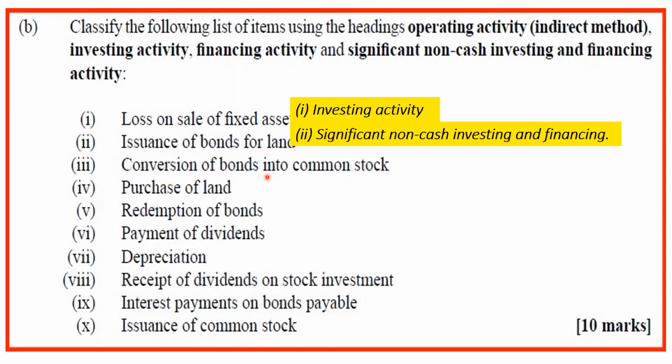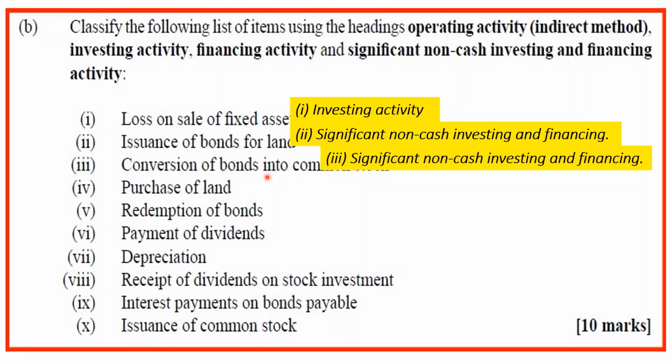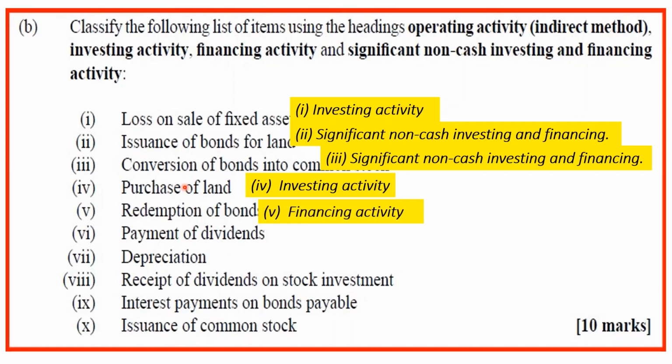Conversion of bonds for common stock, again that's another significant non-cash investing and financing. You have bonds and common shares being exchanged for one another, no cash passes. Purchase of land, that's an investing activity. Redemption of bonds, financing activity. Payments of dividends, this can go under financing or investing activities.